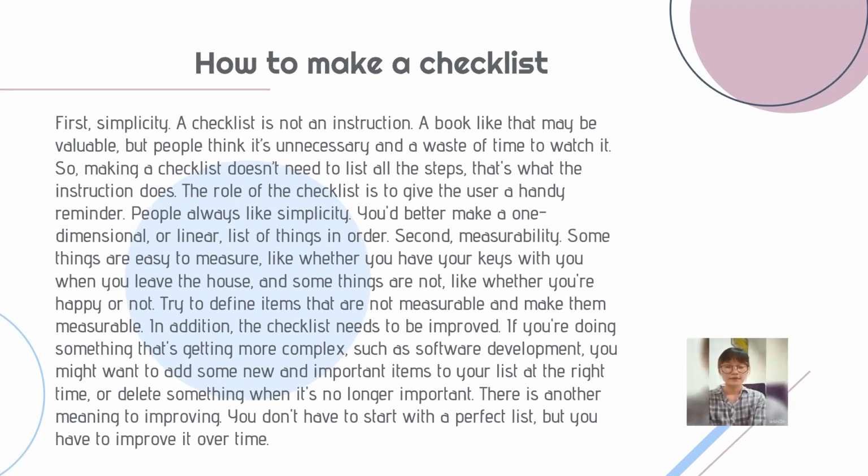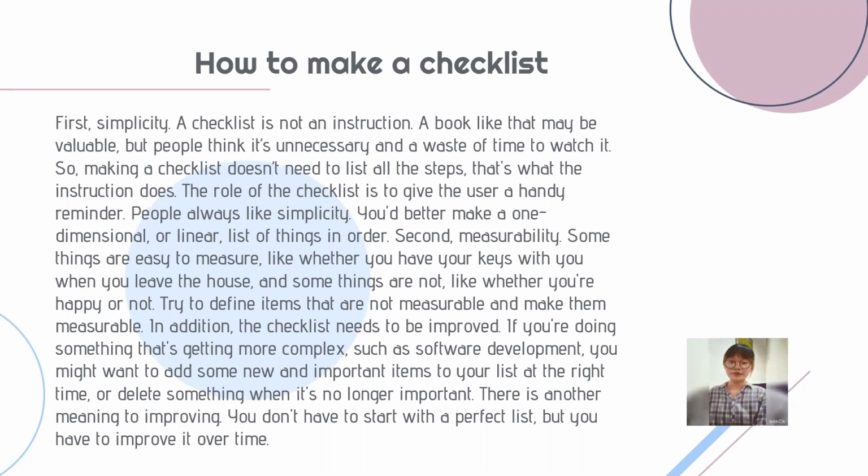That's what the instruction does. The role of a checklist is to give the user a handy reminder. People always like simplicity. You had better make a one-dimensional or linear list of things in order.